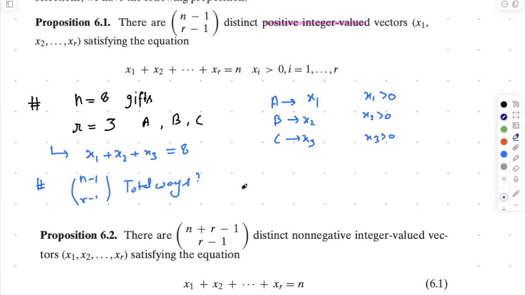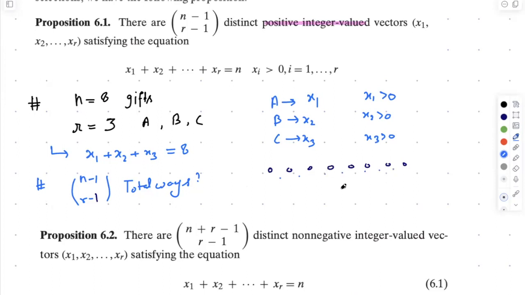I will give you the example and then we'll elaborate and try to generalize the case. Suppose there are 8 gifts, 1, 2, 3, 4, 5, 6, 7, 8. You want to divide them into 3. See, there are gaps 1, 2, 3, 4, 5, 6, 7.